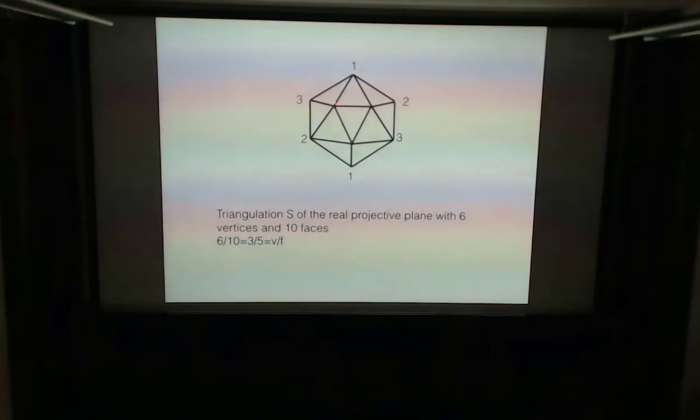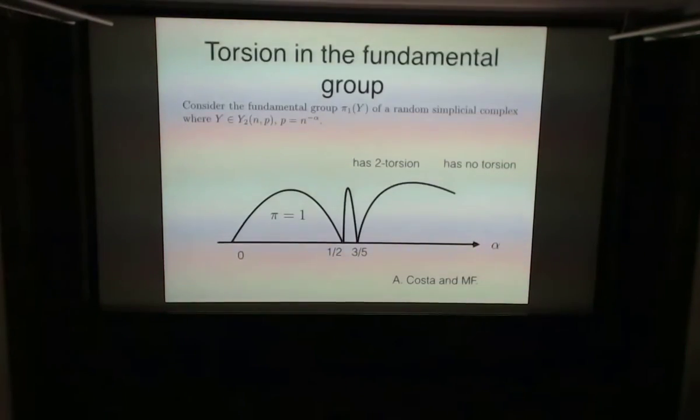So there are 3 vertices in the interior, and there will be 3 vertices outside. So it's a real projective plane with 6 vertices, and it has 10 triangles. So 10 triangles, and 6 over 10 is 3 over 5, and this is this 3 over 5 here. So this explains this number, 3 over 5.